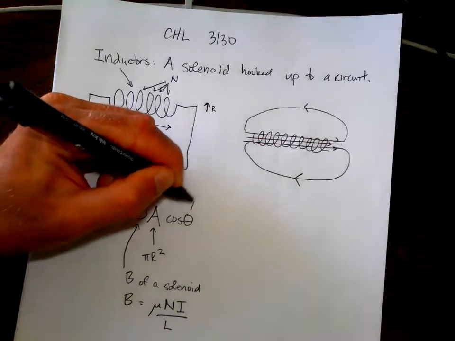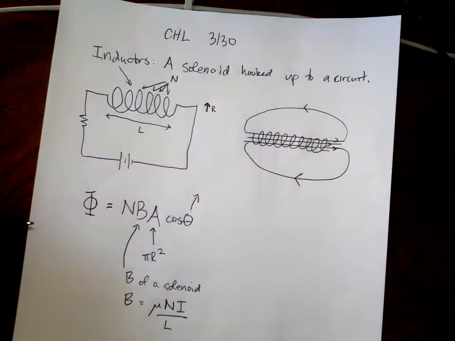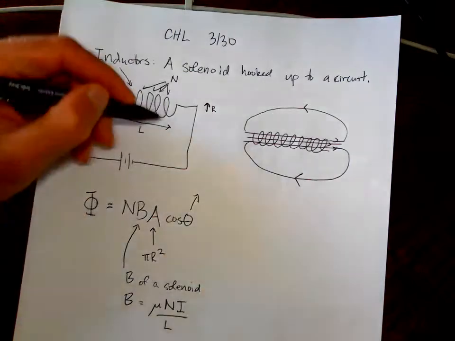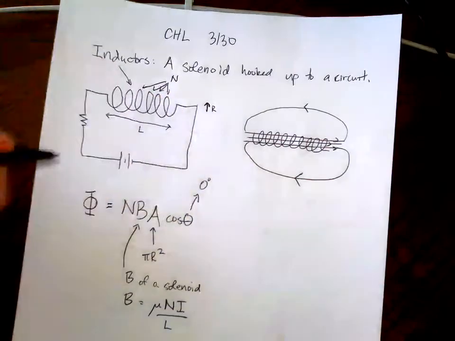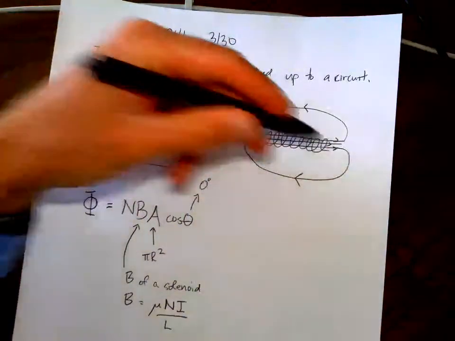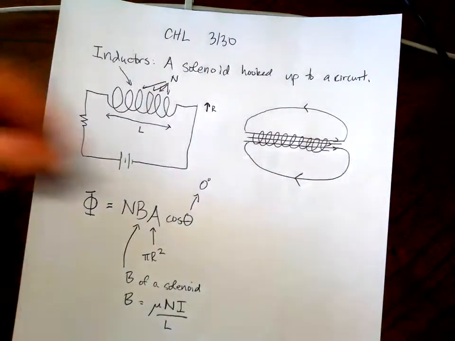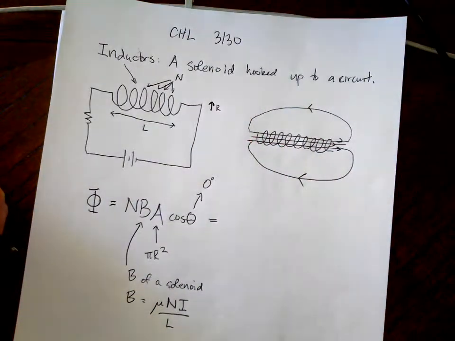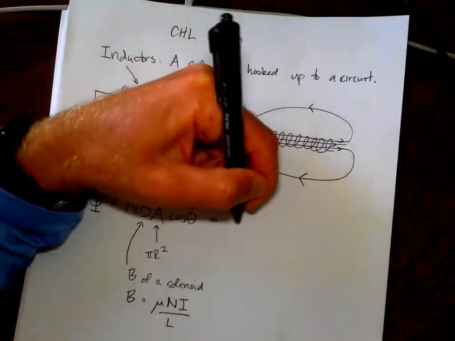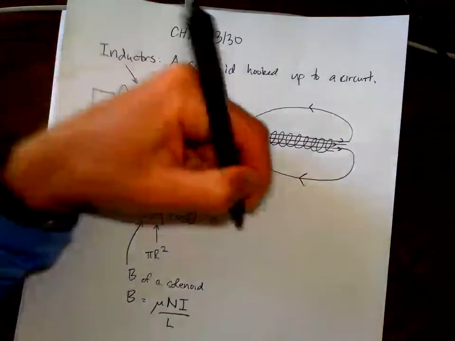Theta is the angle between the normal to the loops and the magnetic field. So that angle is actually 0 degrees because the magnetic field is perpendicular to the loops. So the flux through the solenoid is, I'm going to plug each of these items in.